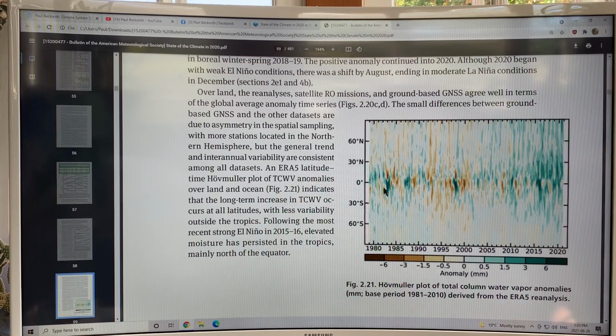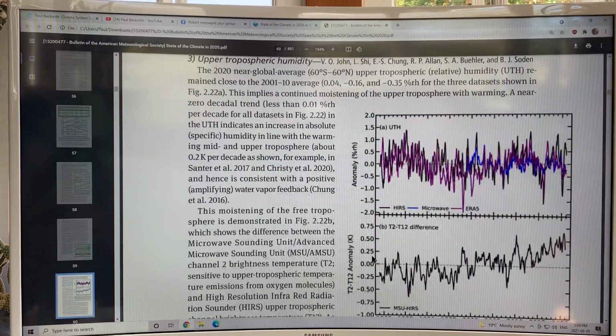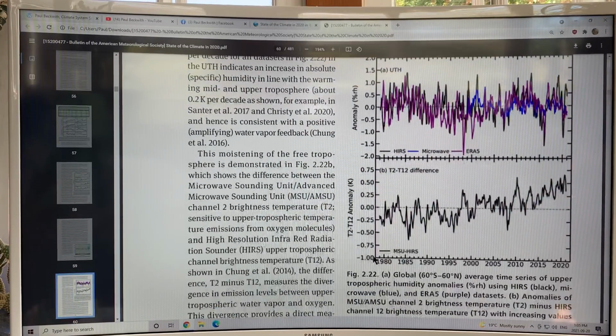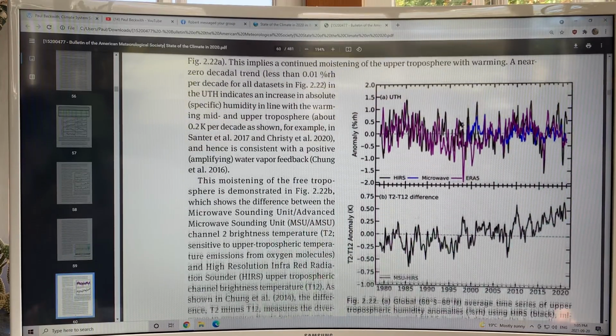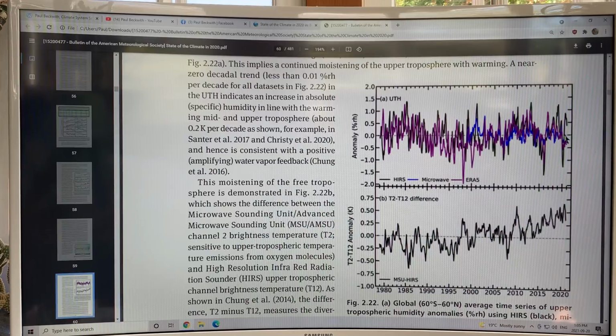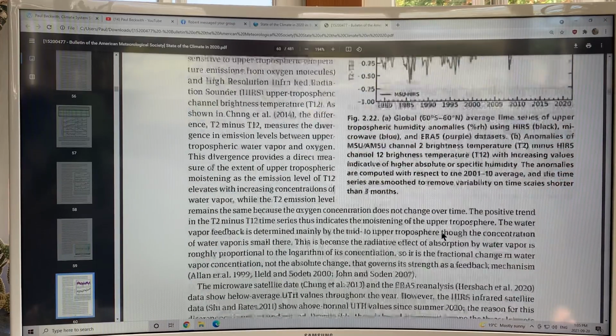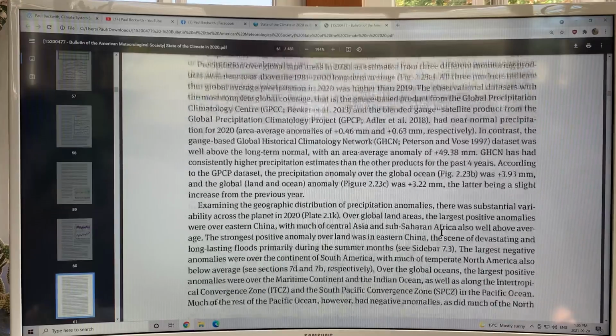As we go through the years, we're getting more and more blue, more and more total column water vapor, because we're in a rapidly warming planet. And this is the upper tropospheric humidity. Not too much change here. I'll just go to a few more here.